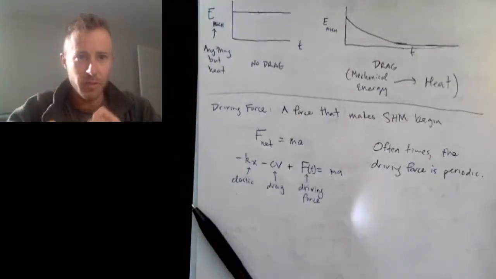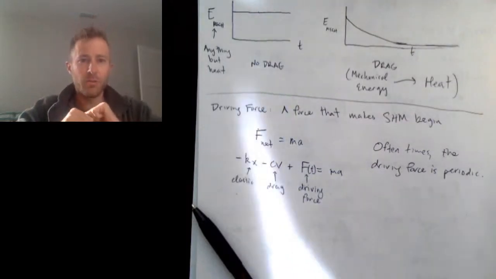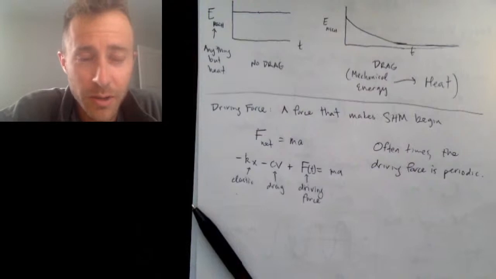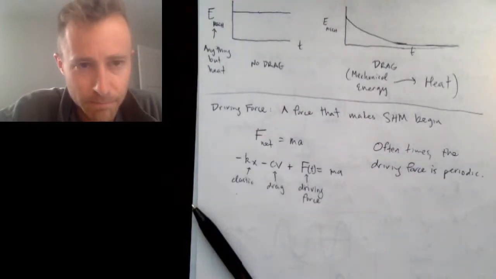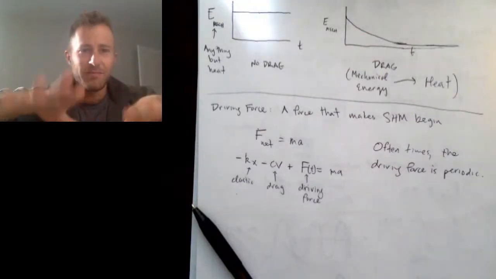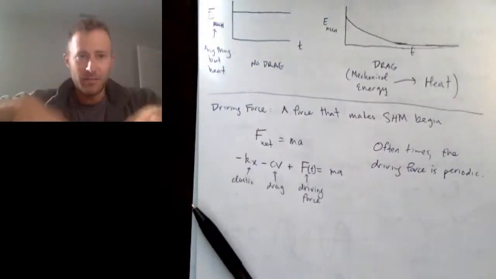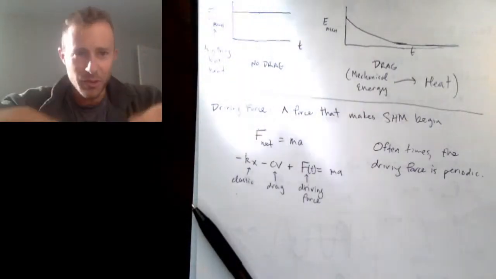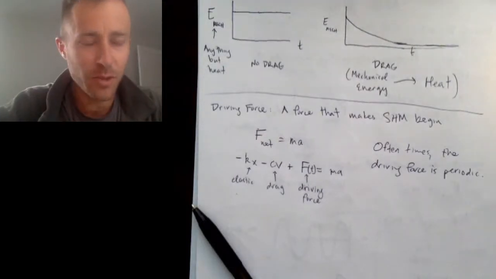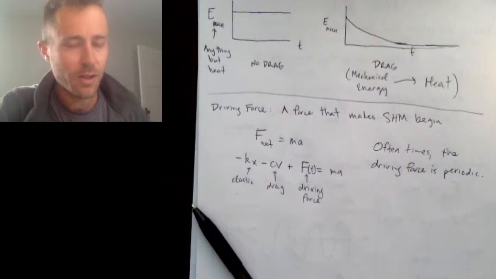You're pushing the mass, then you're waiting a little bit, and you're pushing the mass again. So think about being on a swing. Your kick is the driving force to keep swinging, and you're kicking periodically, right? Every time you swing, you do a kick. That's what a periodic driving force is.